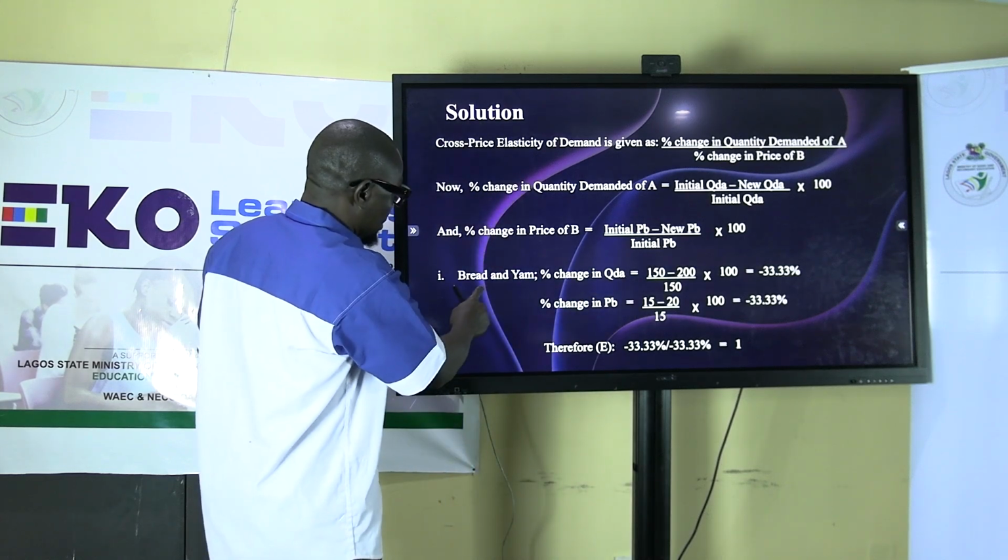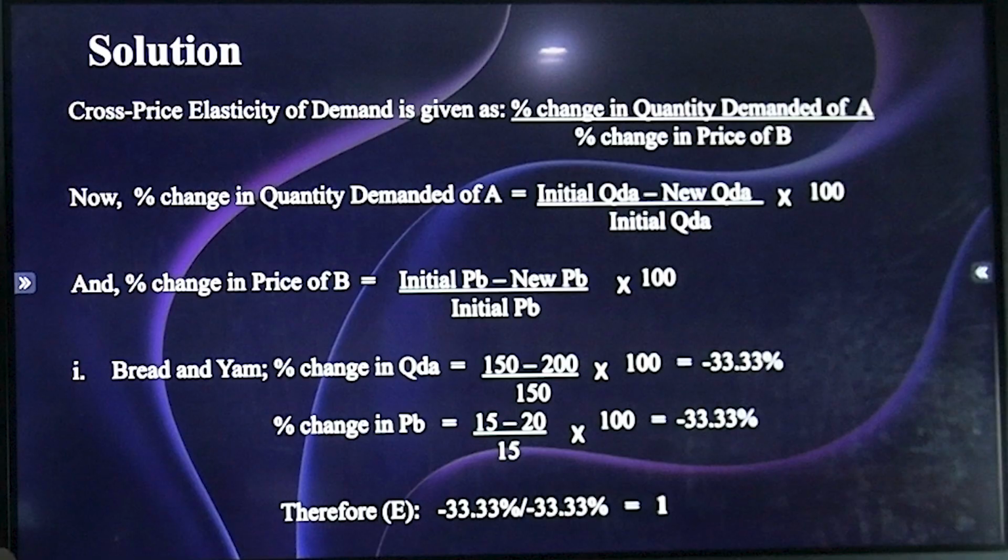So we come here to say bread and yam. If we go back to that table, the quantity of yam is from 150 to 200, the original 150 increased to 200, when the price of bread increased from 15 to 20.